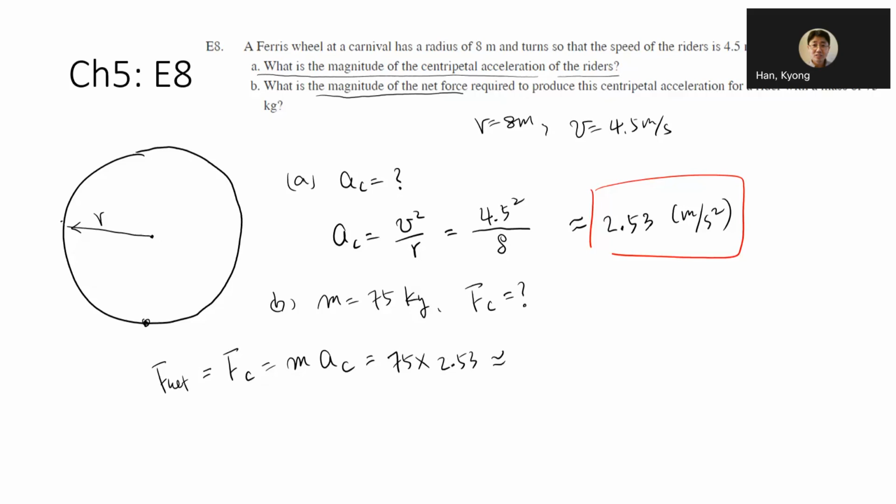So 75 times 2.53 will be 189.284 Newtons.